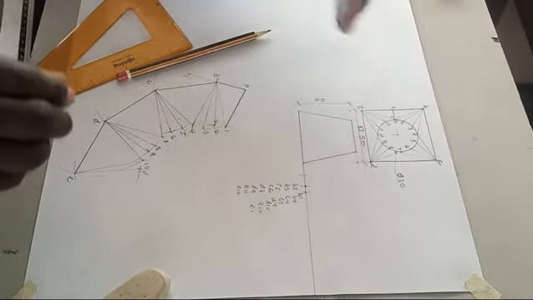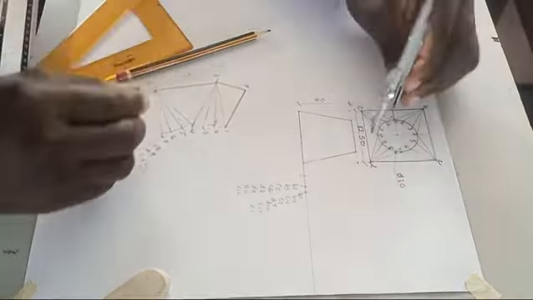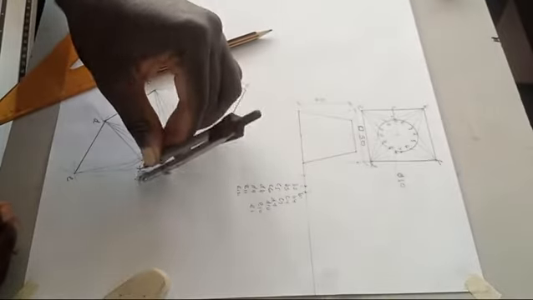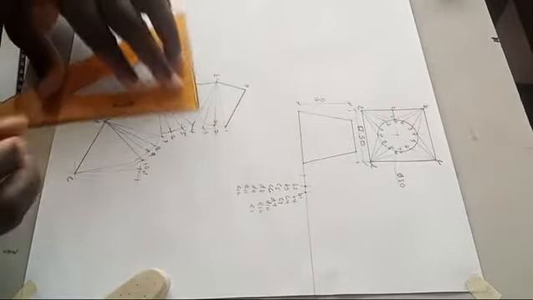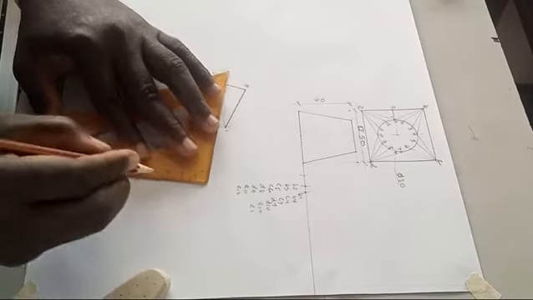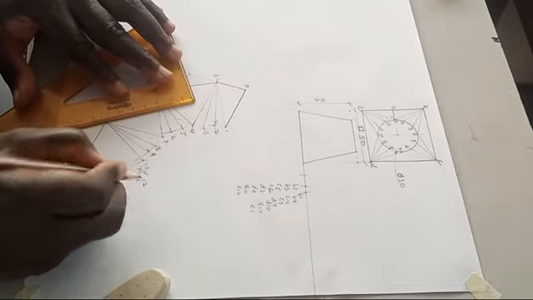Now look for 12. You go to 11 going to 12. This one, remember, is our true length. 11 going to 12. Like this. Put it there and you roll that. So this is our 12.